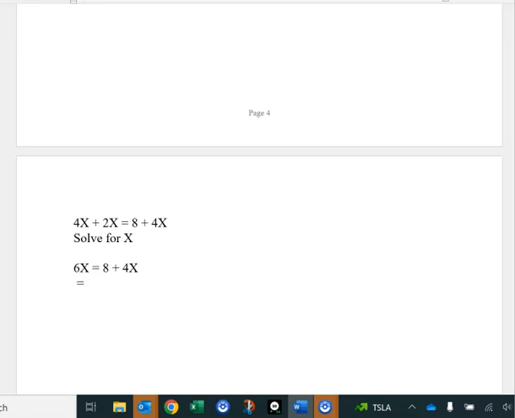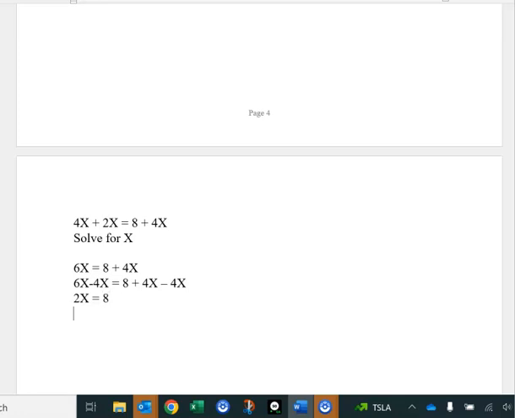So let's start with where we're getting rid of it. So we've got 4x, so we need to subtract 4x. So what we do to one side, we have to do to the other. So we have 6x subtract 4x. So now let's simplify it. That gives us 2x equals 8.